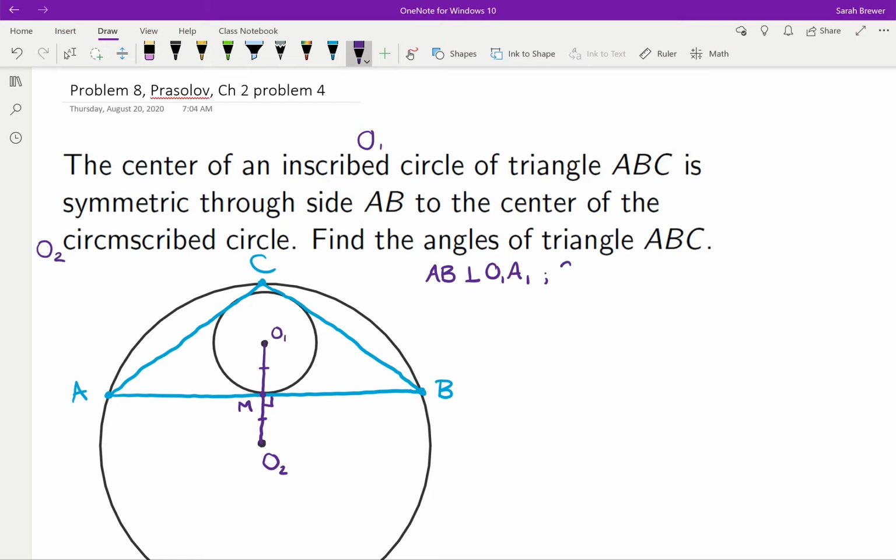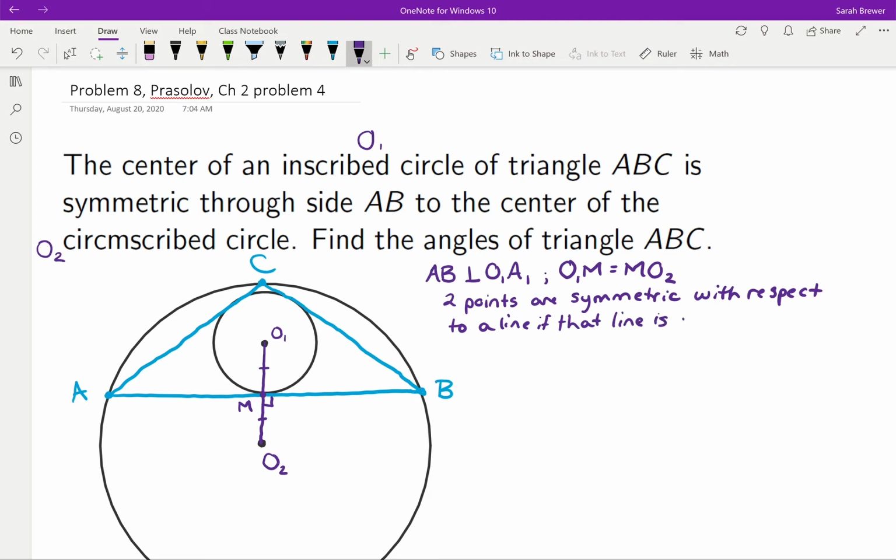I know that O1M is equal to MO2, and that's because 2 points are symmetric with respect to a line if that line is a perpendicular bisector of the line segment between the 2 points.